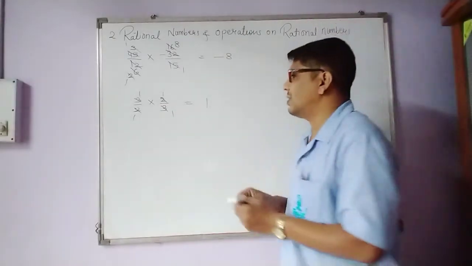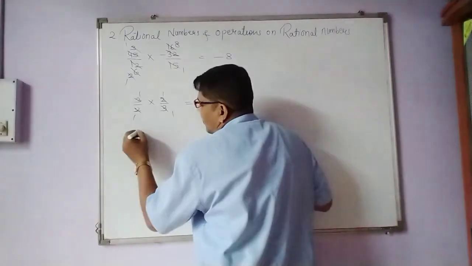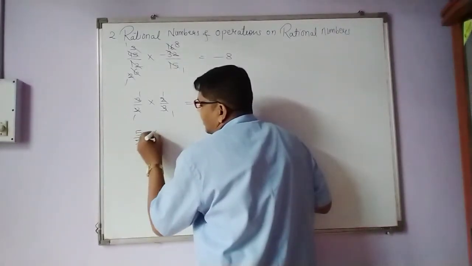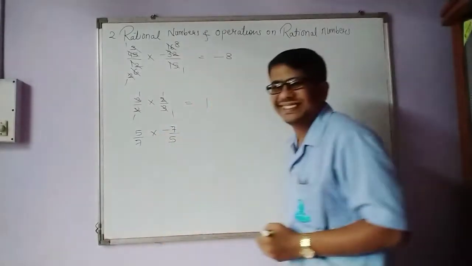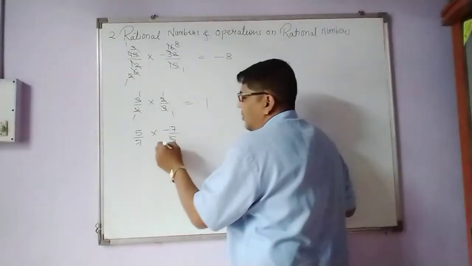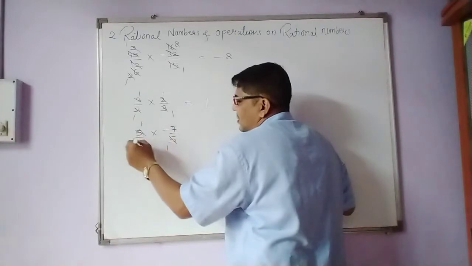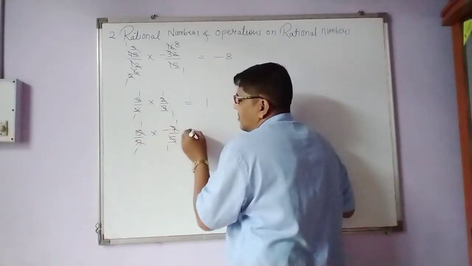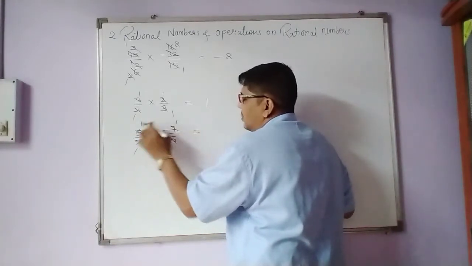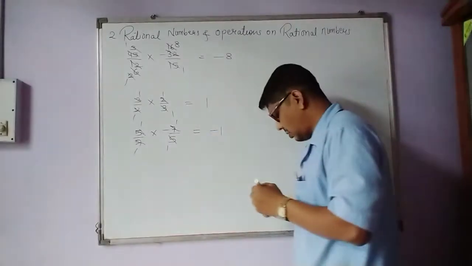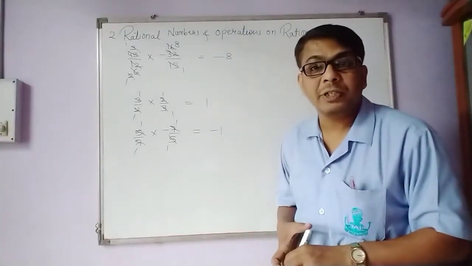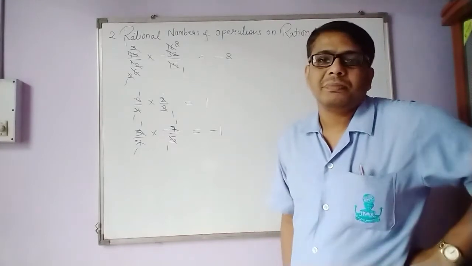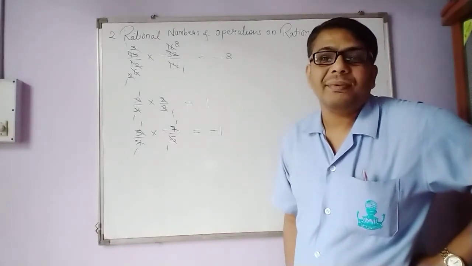Now you tell me here. 5 upon 7 into minus 7 upon 5. Now 5 ones are 5, 7 ones are 7. What is the answer? Minus 1 into 1 is minus 1. Can we call them multiplicative inverse of each other? Not at all. Why?